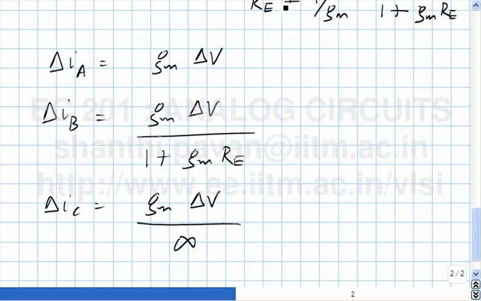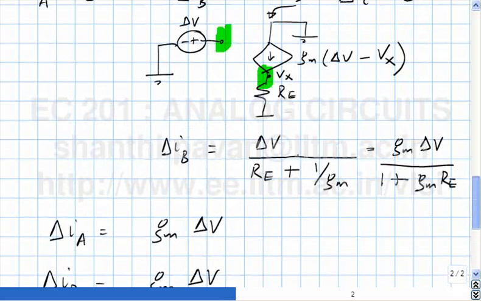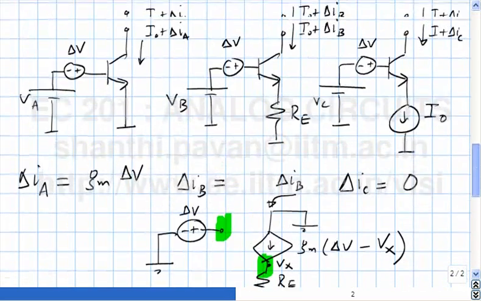However, the amount of feedback is not quite as large as you can expect with the current source, and the degree of feedback, or the amount of correction that the feedback loop gives you, is indicated by which number? You have the emitter resistor.